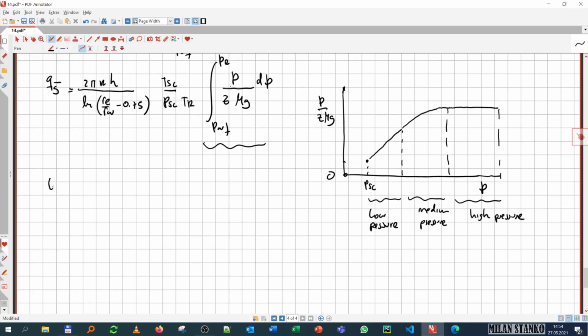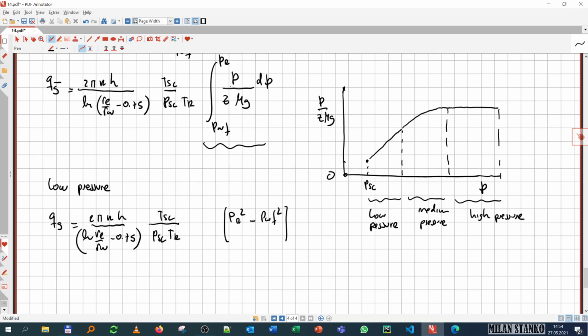For low pressure, we have QG equals 2 pi kh, T_SC, and that integral actually becomes simply the integral of P. So you have PR squared minus PWF squared, and here I have to put 0.5, right?